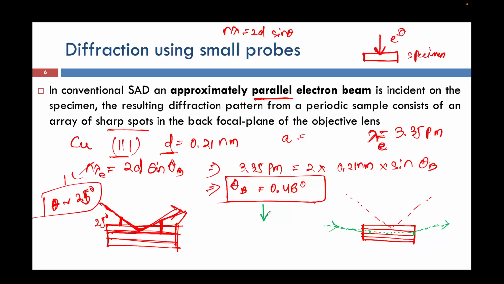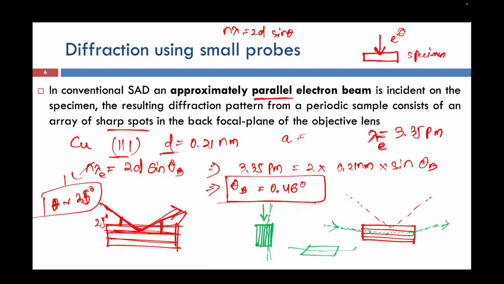So for electron diffraction to take place, the Bragg's planes of my sample have to be almost parallel to the incoming incident beam. Then only will it come like this and go. 0.46 degree means, although I am exaggerating this image, the beam almost comes, just touches the plane, and then goes. That much difference is there.